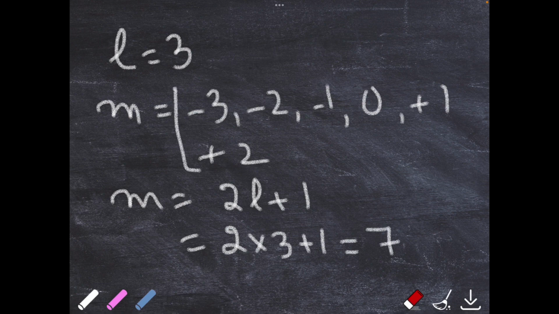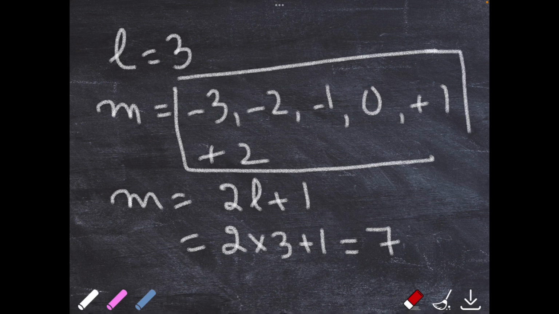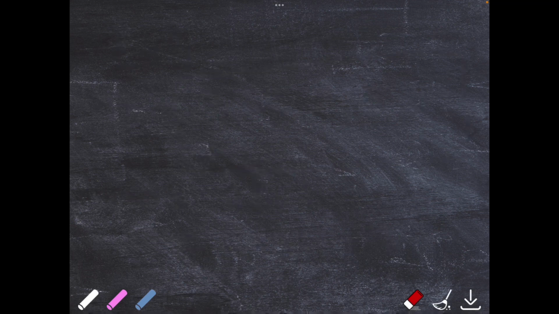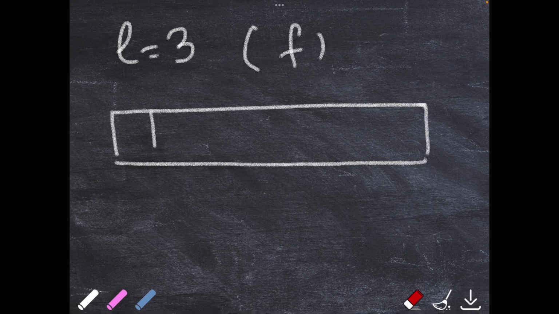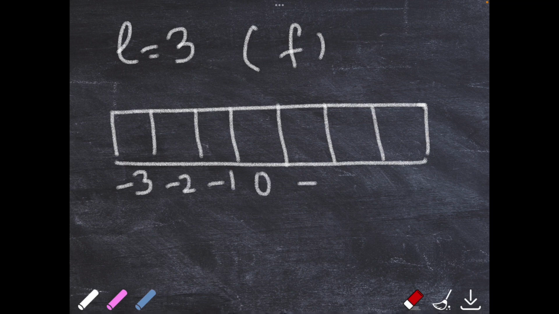And as you can see here, there are total 7 values. Let us now make the m for L is equal to 3, the subshell will be f, and we will make it like this: -3, -2, -1, 0, +1, +2, +3.